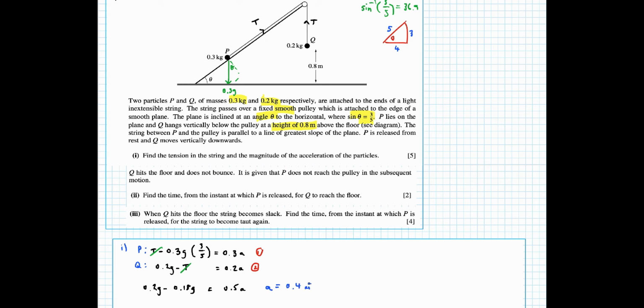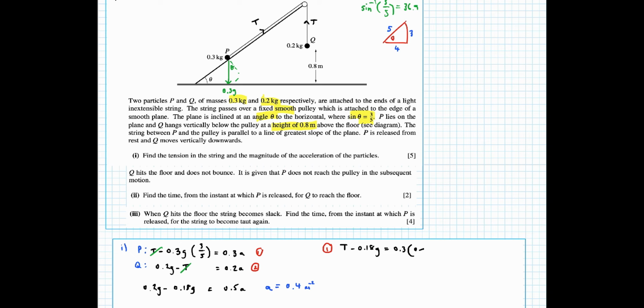That's our first part. And again, as always, you'll plug it back in or substitute the acceleration into one of your equations, 1 or 2. In this case, I'll pick 1. Equation 1. T minus, I'll put in that 0.18 G, it's just simplified, is equal to 0.3 times 0.4, the acceleration.